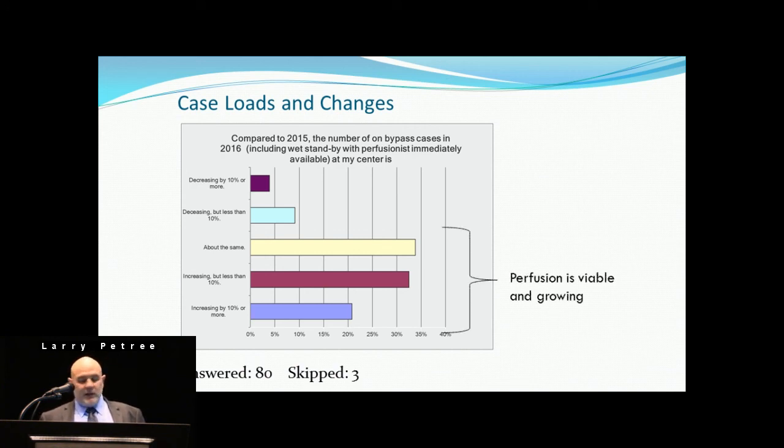So what's interesting there is that perfusion is very viable and it's growing. So we can feel good about the profession we're involved in. But that increasing by 10% or more indicates to me there may be some shift in the centers that are doing cases from the smaller ones to the larger ones. And we'll have to see how that shift plays out.